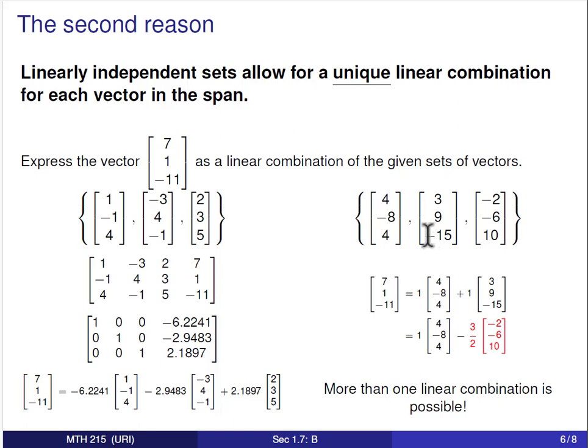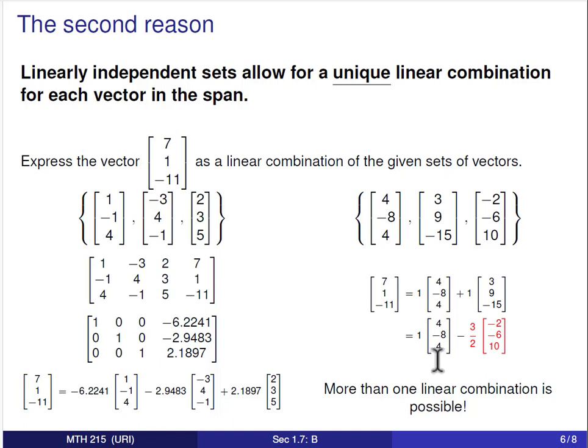Now what's interesting though is that because the third vector is negative 2/3 times the second vector, if I wanted to, I could replace the 3, 9, negative 15 by minus 3/2 times negative 2, negative 6, and 10, because that is the same as the middle vector.